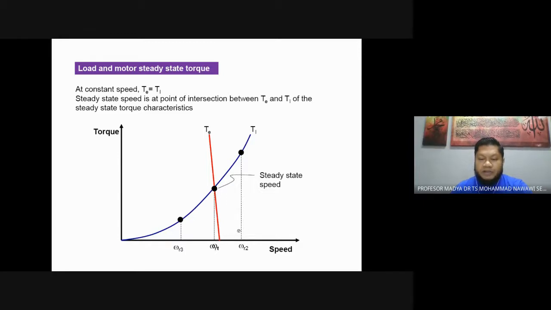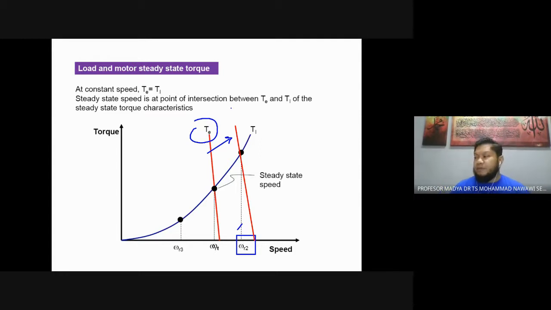So if you want to make sure that the speed of the motor rotates at that particular point, what do you need to do? You have to somehow move this to that particular point, by changing the control.